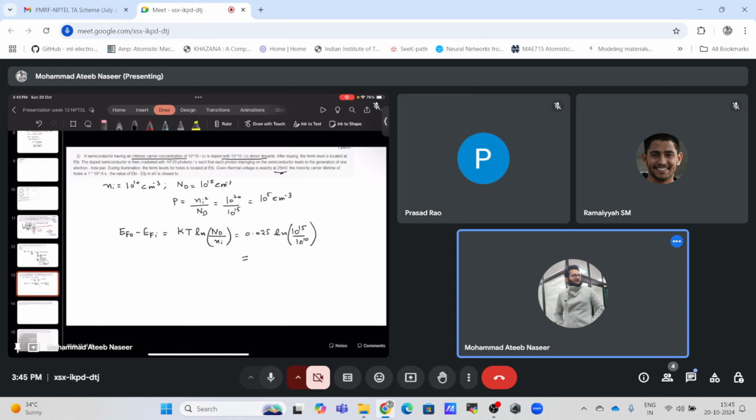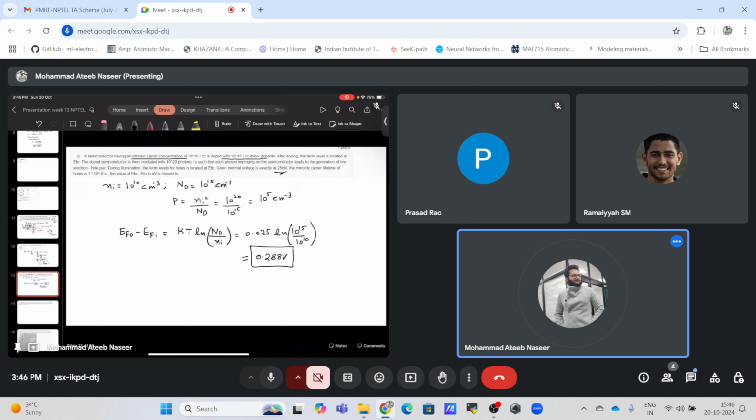Let us calculate this value: 0.025 times ln of 10 to the power of 5 is 0.288. So it's 0.288 volts.